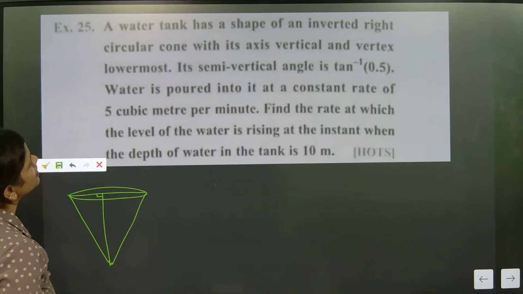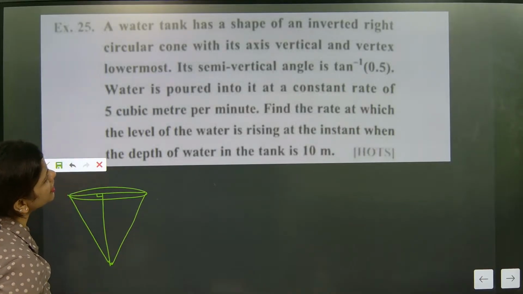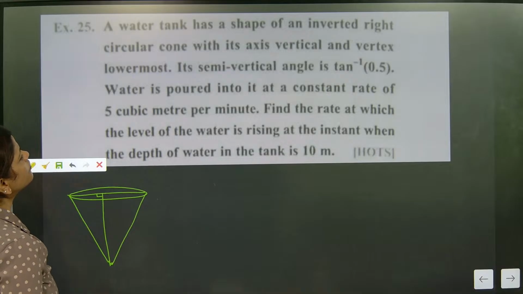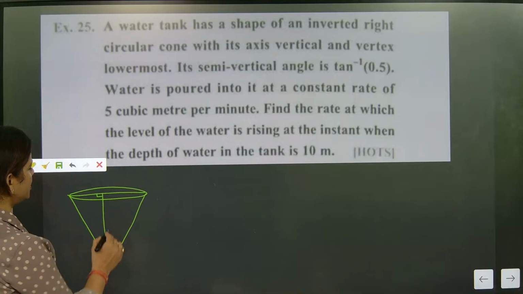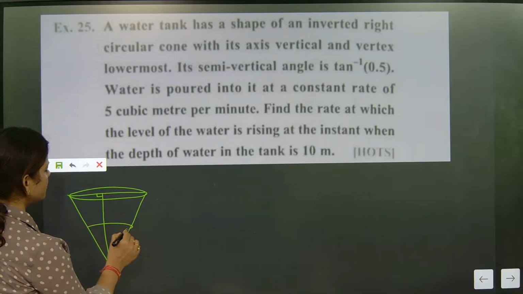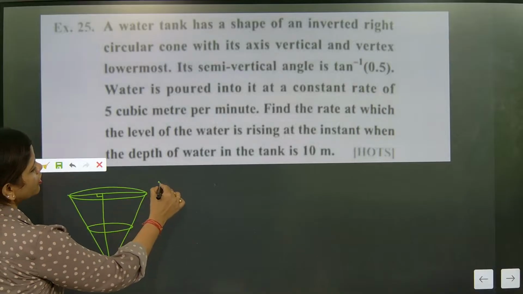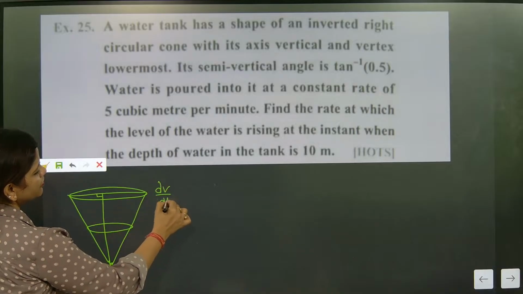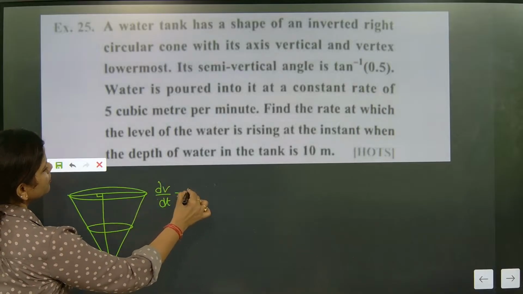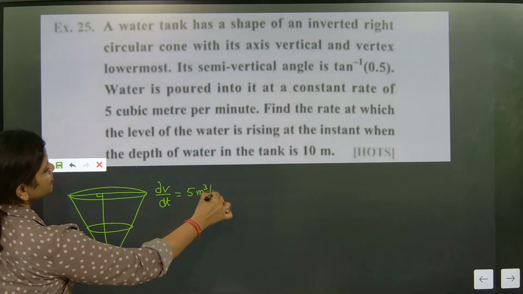Water is poured into it at a constant rate of 5 cubic meter per minute. So the volume filling rate dV by dt is given as 5 cubic meter per minute.